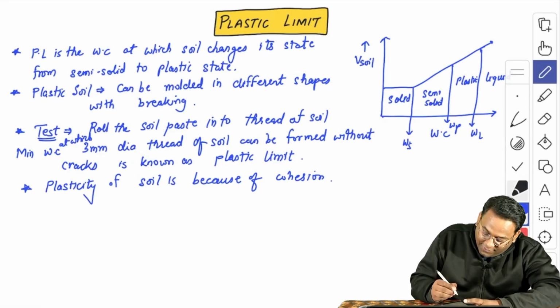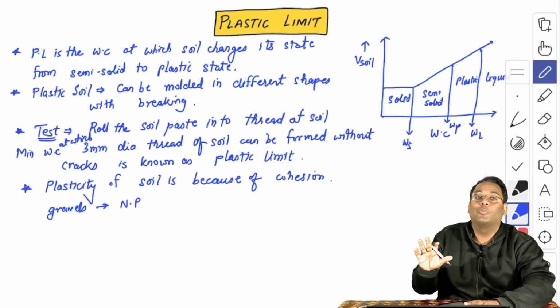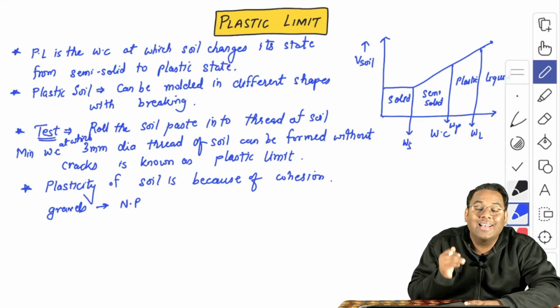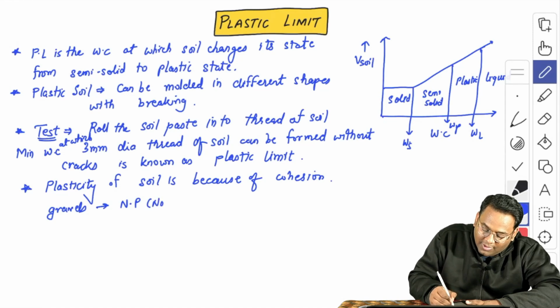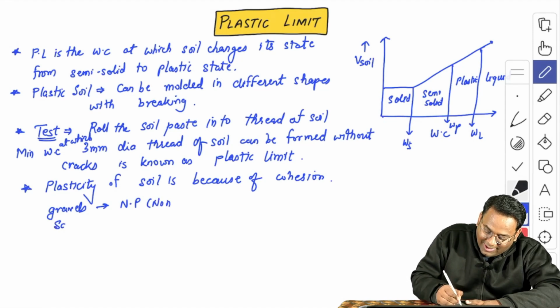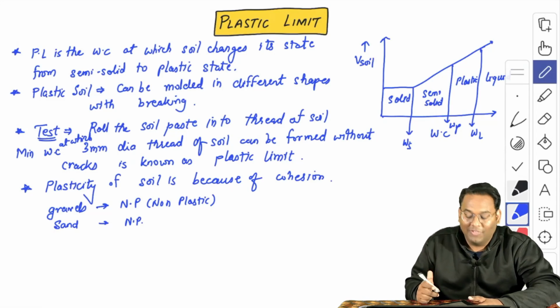That is why if you see gravels, such soil which does not have any cohesion will be called non-plastic soil, that is NP. So gravel and even sand is also non-plastic soil. But yes, if more is the cohesion, then more plastic limit will be there.